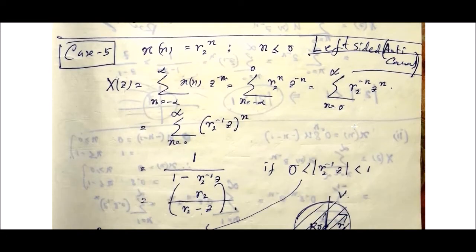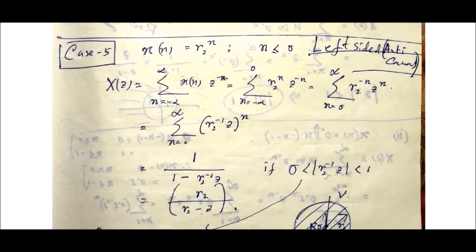Similarly, you can examine the same case for an infinite duration left-sided or anti-causal signal. For that case I am defining x of n equal to R2 to the power n, a similar kind of signal, but defined only for n less than or equal to 0. That means it is a left-sided or anti-causal signal.